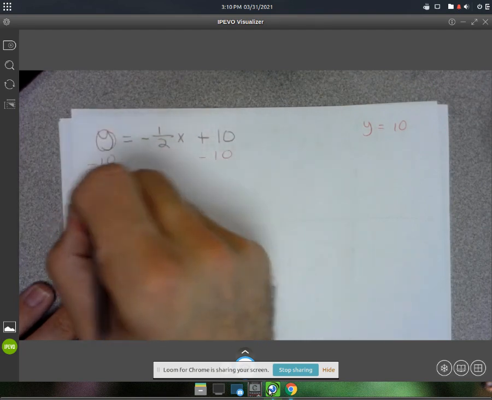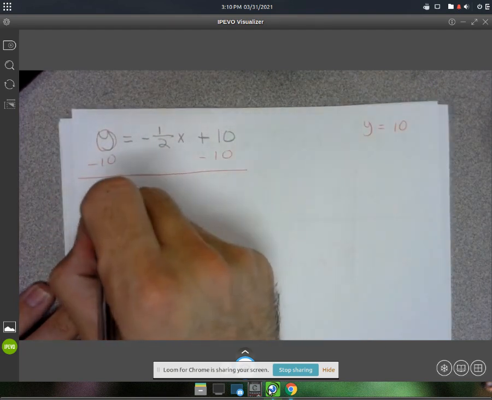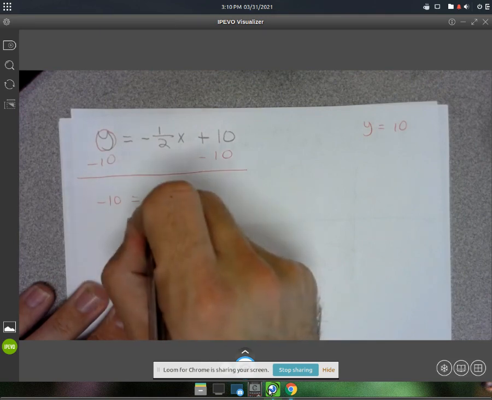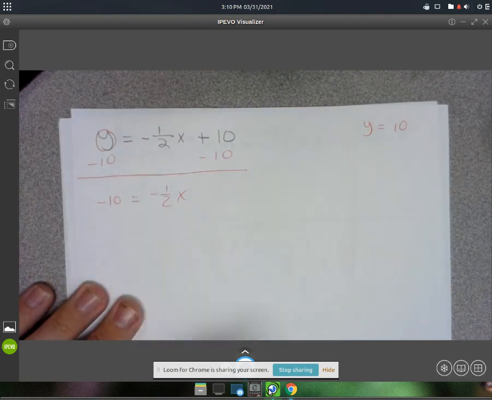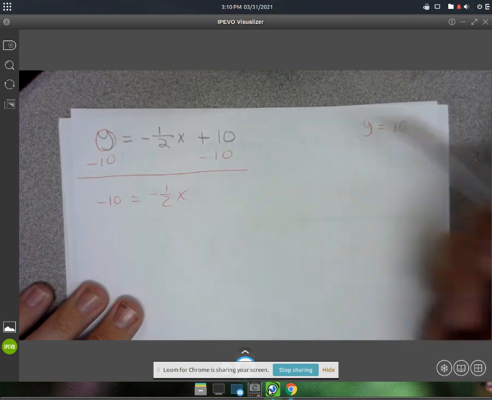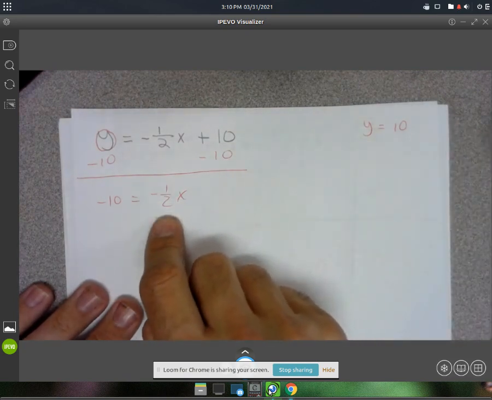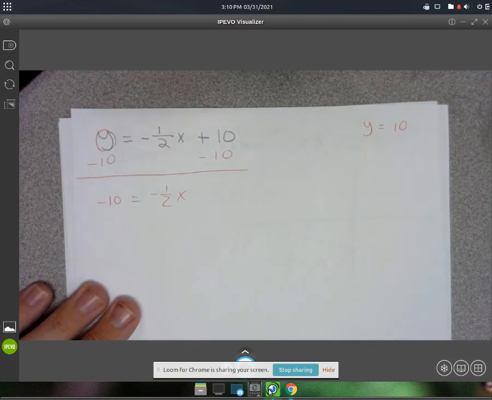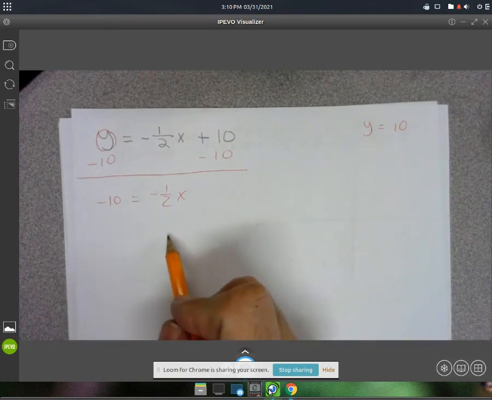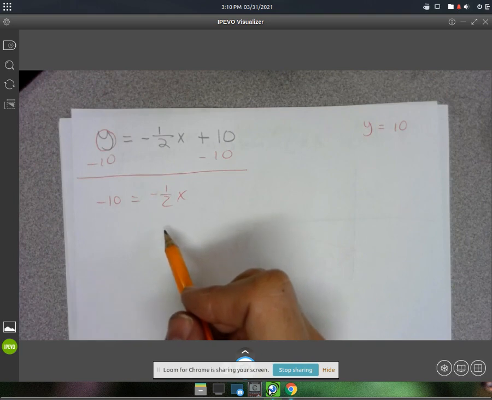So minus 10 on both sides. I'm going to get negative 10 is equal to negative 1/2 x, because my 10s cancel. And then to get rid of my negative 1/2, you could divide by negative 1/2 if you know how to do that.